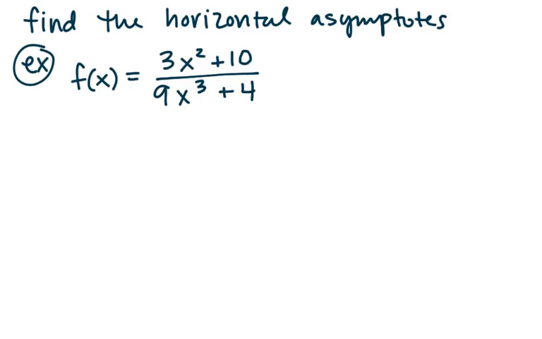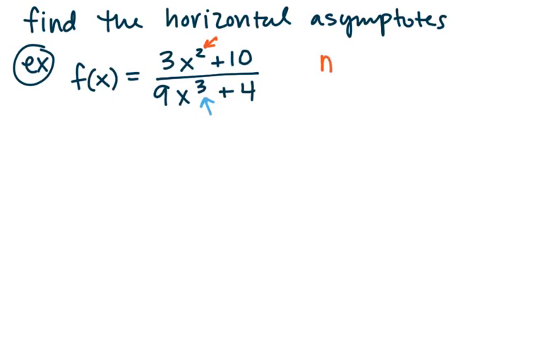So I've written out here a rational function, f of x equals 3x squared plus 10 divided by 9x cubed plus 4. We just want to make sure we're zoning in on the highest power in the numerator and the denominator.